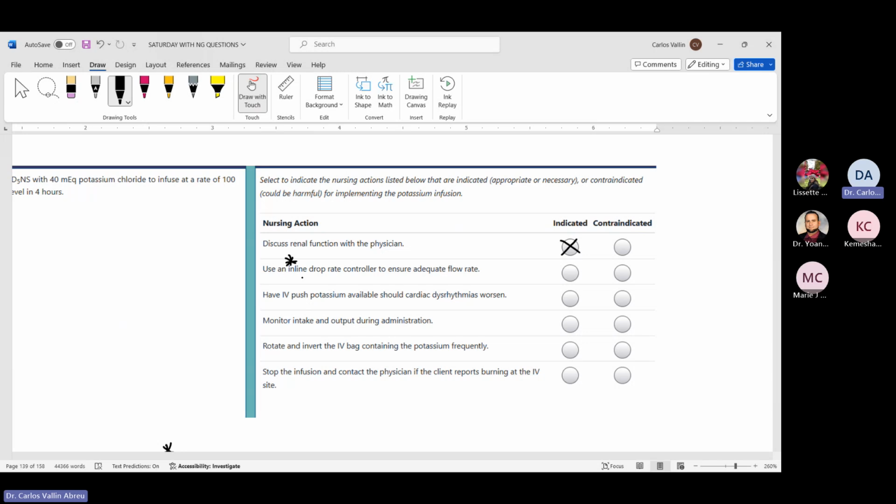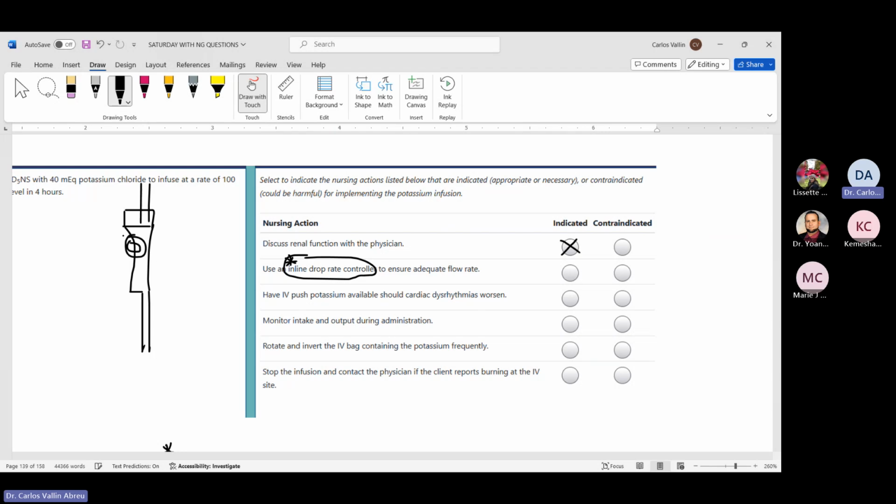Use an inline drop rate controller. Okay, this is this device that we are seeing in the IV tubing, where the tubing is coming here and has like a wheel.